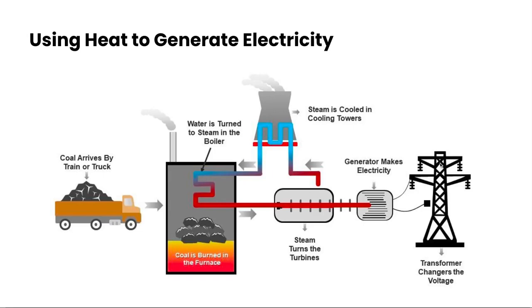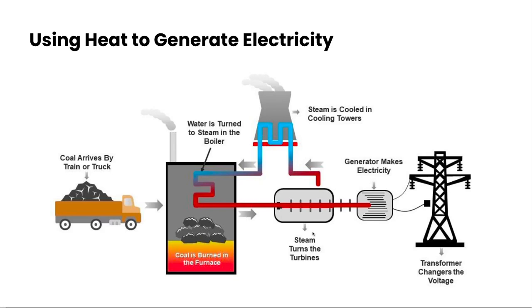Another way that we can generate electricity is through heat. This is mainly done through fossil fuels such as coal, oil, or natural gas. In this picture, we see the coal arriving to these power plants by train or through truck. The coal is then put into a furnace, and the furnace heats up water and turns it into steam.